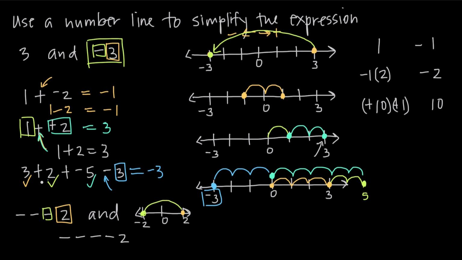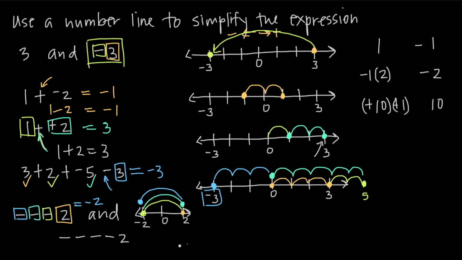When we add on another negative sign, we're taking the opposite of negative 2. So we come back this way, and we end up here again at positive 2. And then we take the opposite of negative, negative 2, or the opposite of negative 2. We come back this way, and we end up again at negative 2. So this is going to be equal to negative 2.